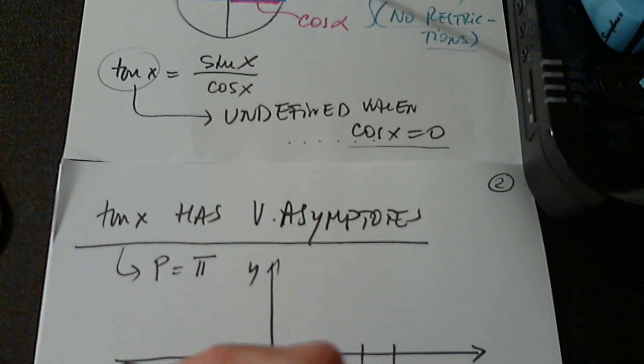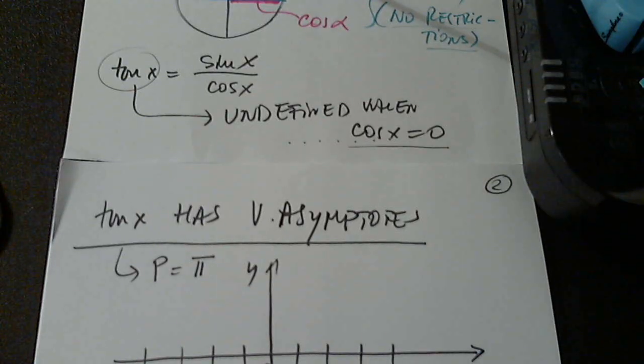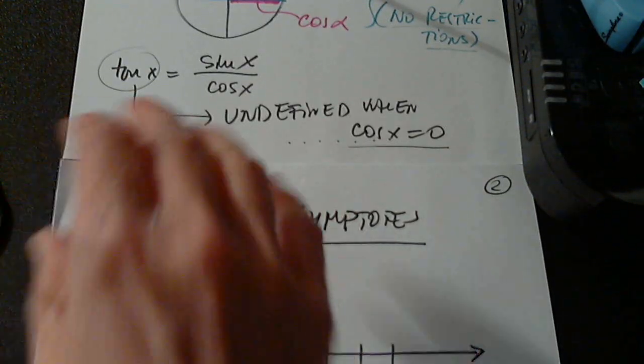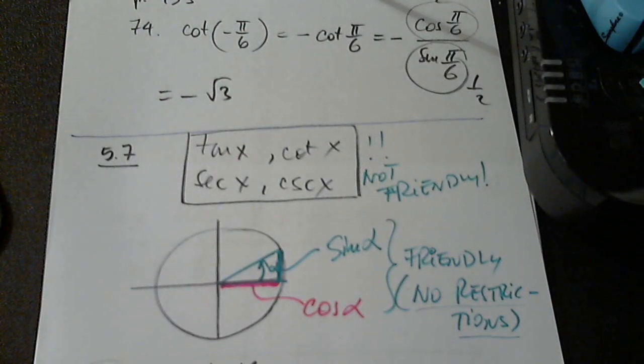Negative pi over 2, negative pi, negative 3 pi over 2, negative 2 pi. Okay, so now back to the unit circle. We already know the coordinates of these points.